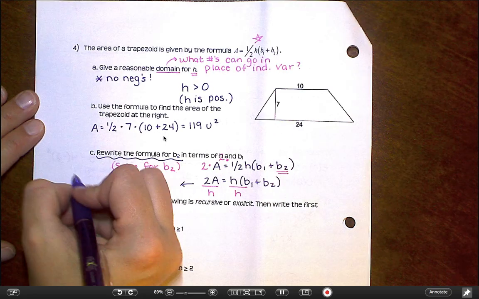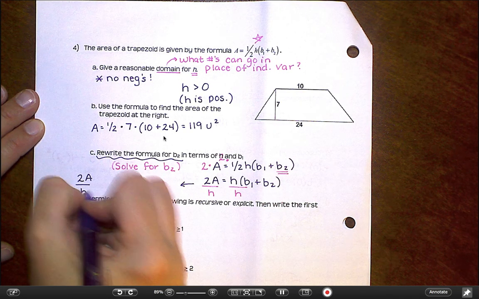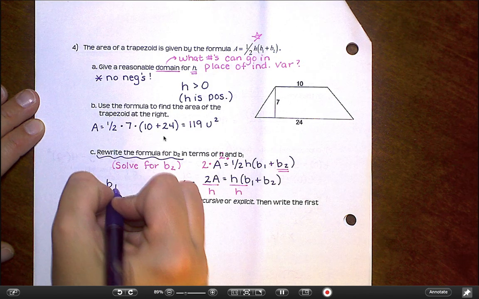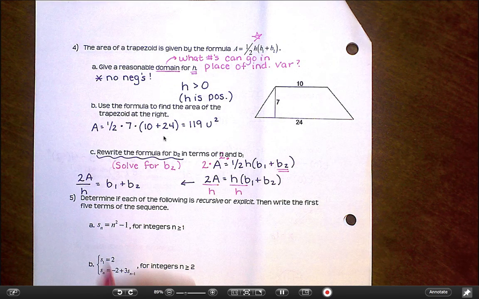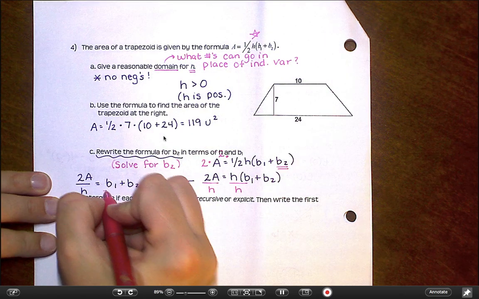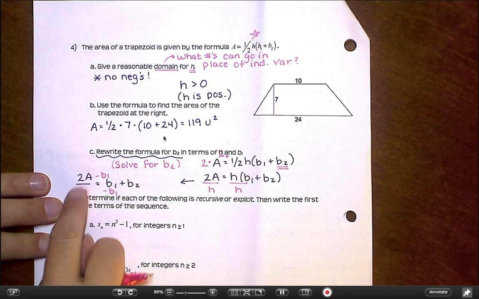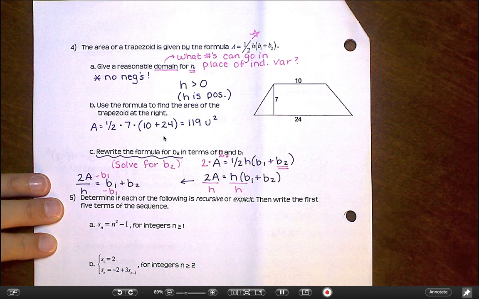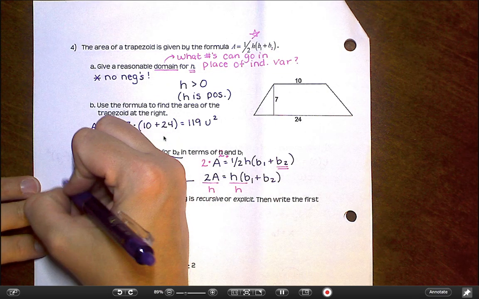So now I have 2A over H equals B1 plus B2. If I'm trying to get B2 by itself, I'm going to subtract the B1. And just be careful when you write this left side. Gosh, I've given myself very little space here. We'll go up here.